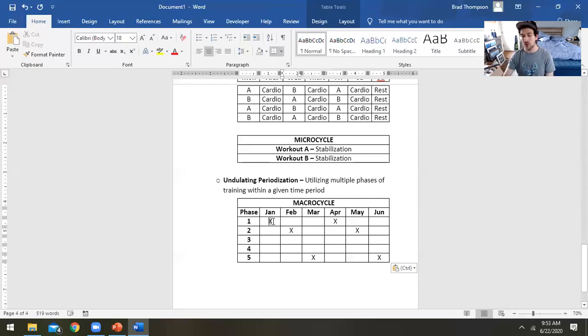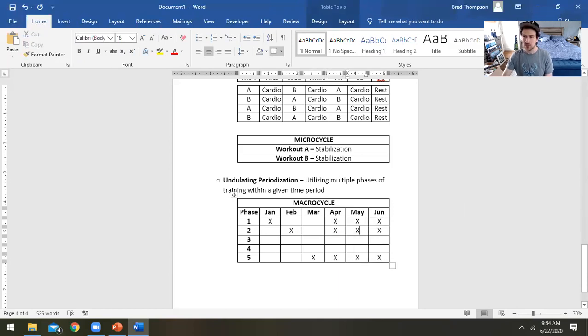So you're going to do stabilization in January, strength endurance in February, and power in March. That'll be leading up to your season with your client, right? Maybe that's the off-season training. But then preseason, we need to switch to an undulating periodization style where in the months of April, May, and June, we're using multiple phases of training all simultaneously.